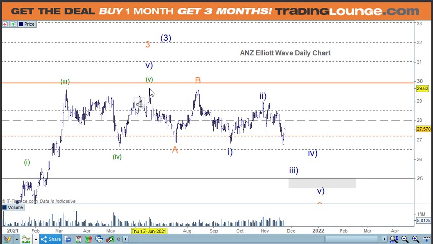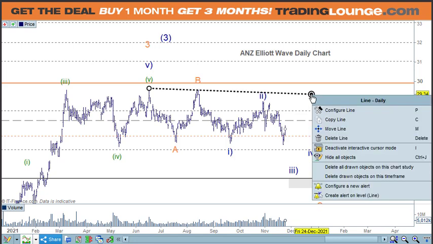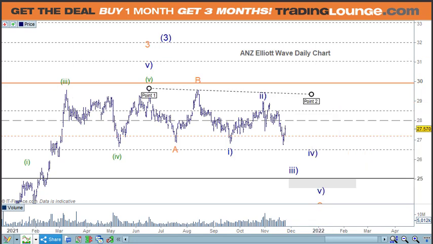So I'll just put that here for the time being, just to remind me about a possible triangle pattern across here for this.